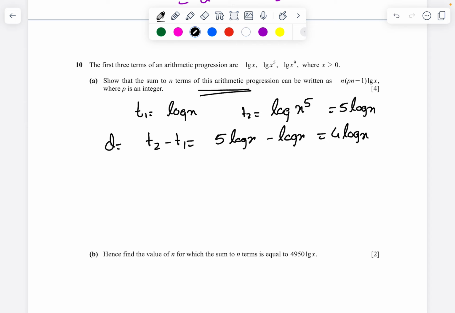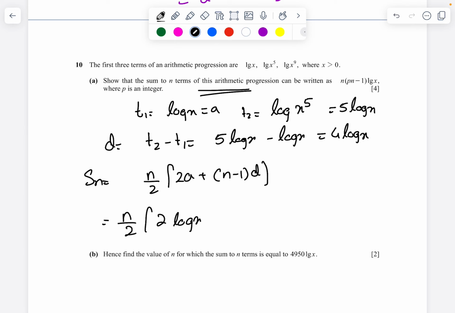Now the sum to n terms. Sn equals n by 2 times (2a plus (n minus 1) times d). So it is going to be n by 2 times (2a, where a is log x, plus (n minus 1) times 4 log x). What can I do? Log x can be taken common. So it becomes n by 2 times log x common.